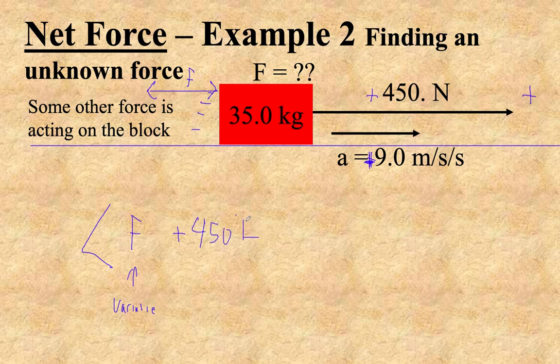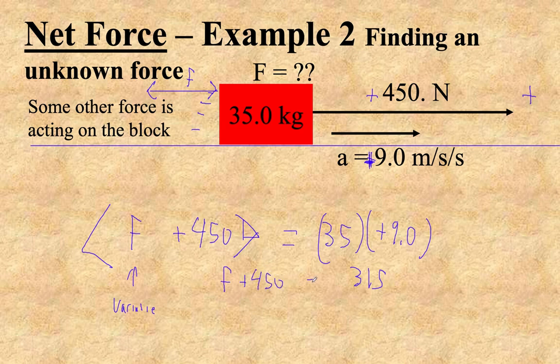That equals 35 times positive 9.0. So 35 times 9 is 315. And so we've got F plus 450 is 315.